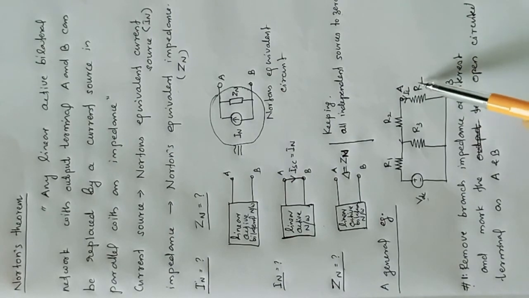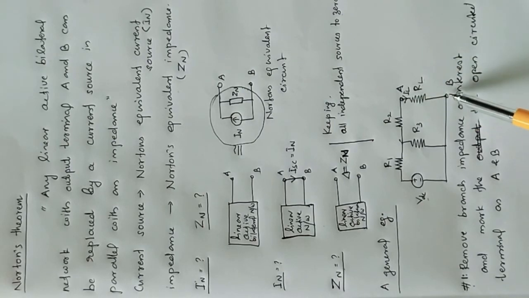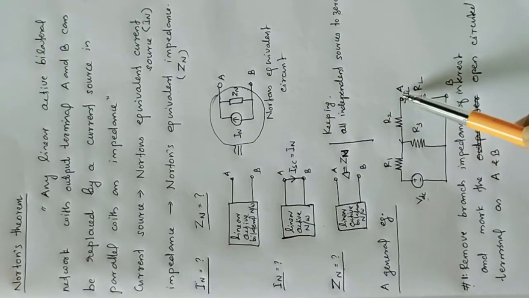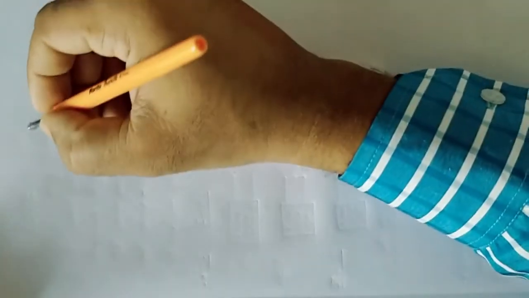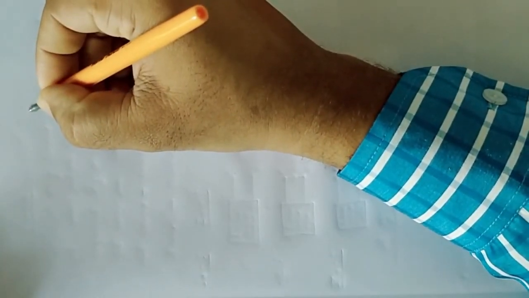We remove RL so it becomes open circuited, then mark the open circuited terminals as A and B. The corresponding equivalent circuit is like this.